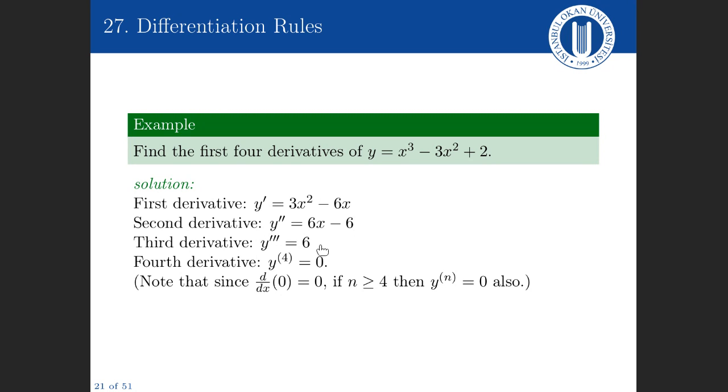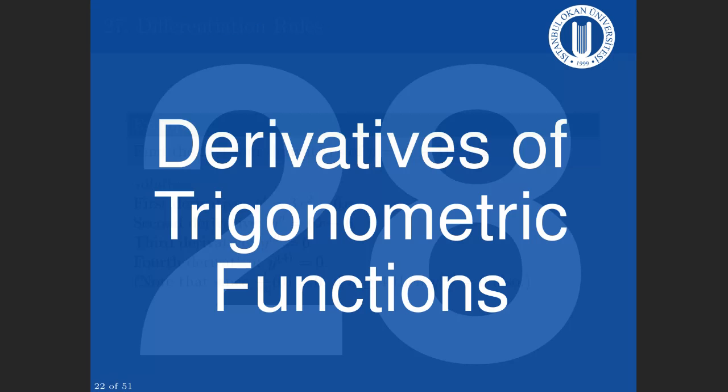Differentiate a third time. The third derivative is 6. Differentiate a constant number 6, we get 0. The fourth derivative is 0. And let me just note, because the derivative of 0 is 0, we also know that the fifth derivative is 0, the sixth derivative is 0, the seventh derivative is 0, and so on.